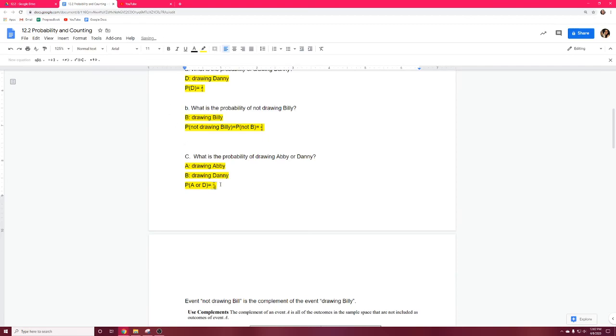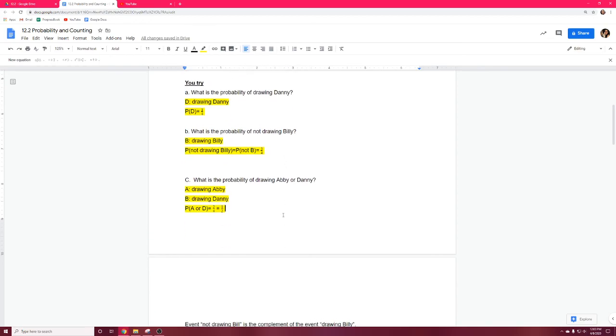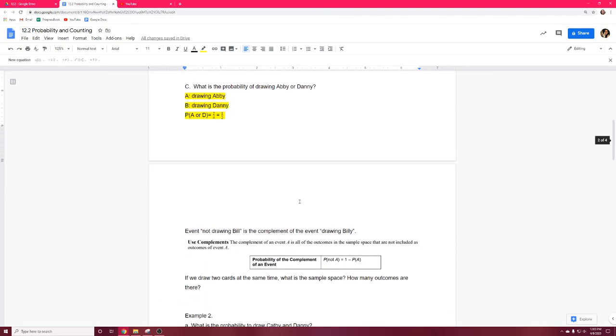When you see something you can simplify, 2 over 4, you can simplify it to 1 over 2. Alright, so this is the answer for the practice problem. It's not very hard. You just need to think about what is the desirable outcome you put on the top and what is all the outcome you put on the bottom.